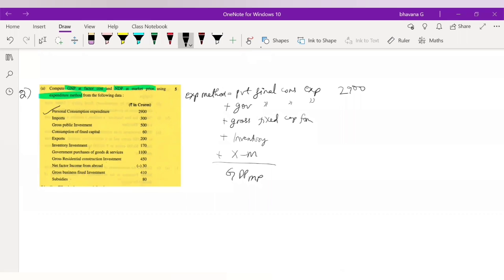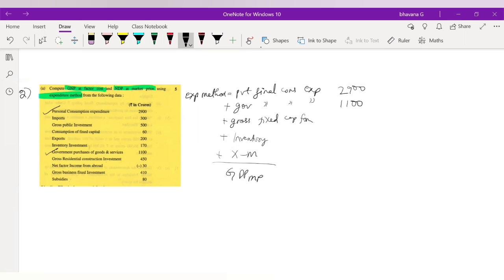Then you have government final consumption expenditure. So here you can see, here you have government purchases of goods and services. So government's purchases of goods and services is nothing but your government final consumption expenditure only. They are also doing consumption expenditure on goods and services. So it is 1,100.